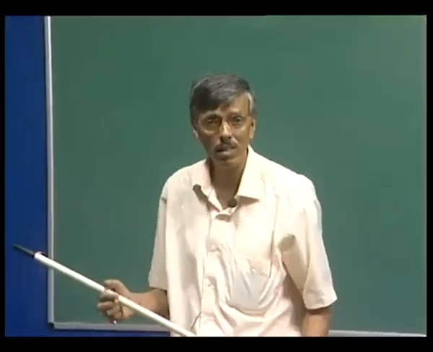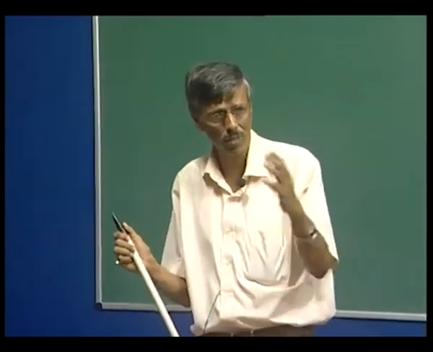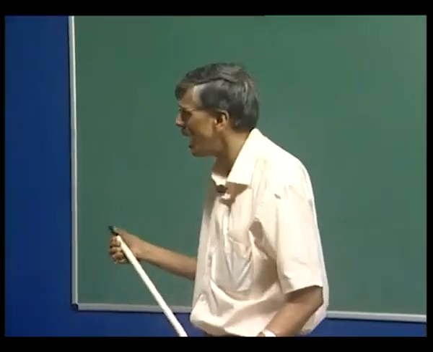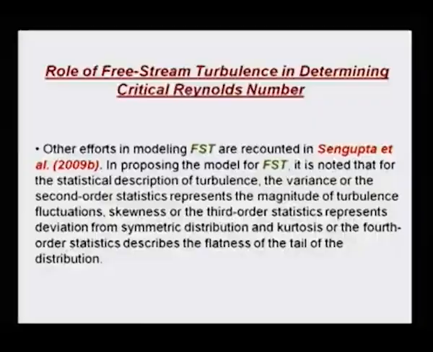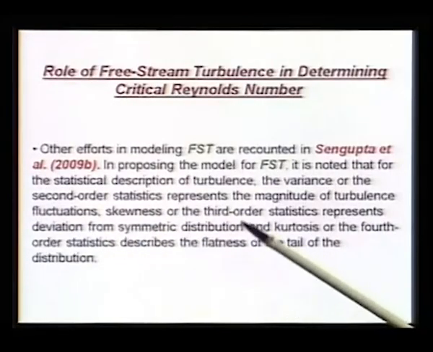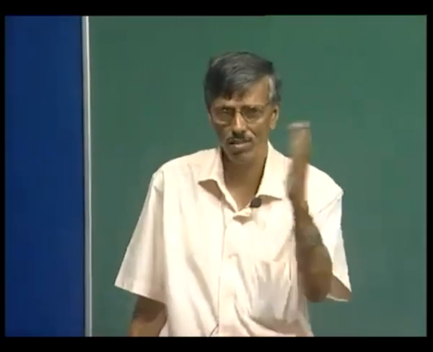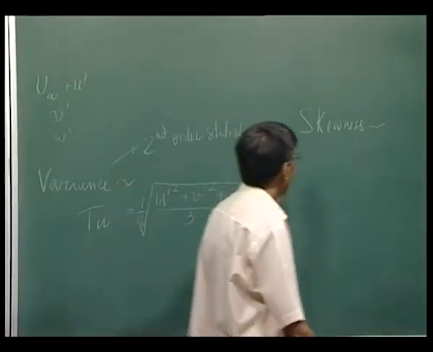However, it does not remain so. As I told you, there is a distinct bias because of the design of the tunnel. So, that is what the skewness represents: a deviation from the symmetric distribution. My PDF is not symmetric, it is asymmetric, and that is given by the skewness.